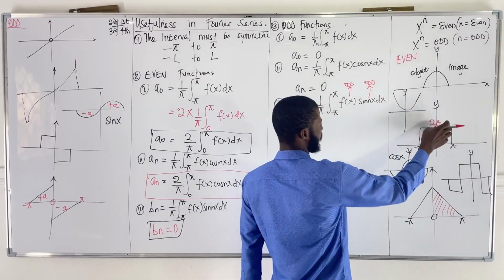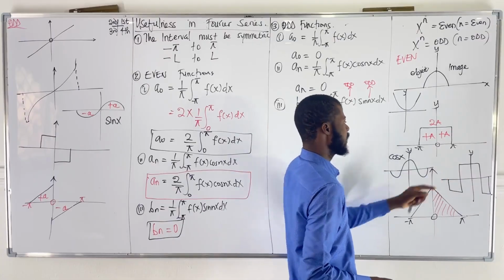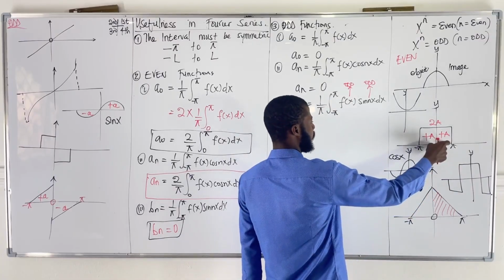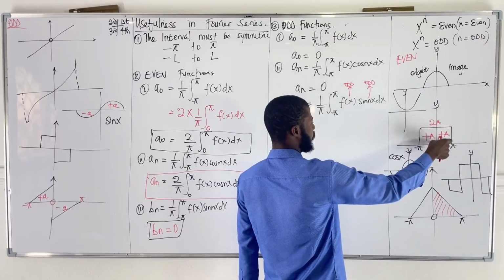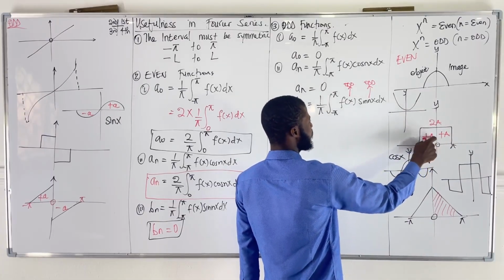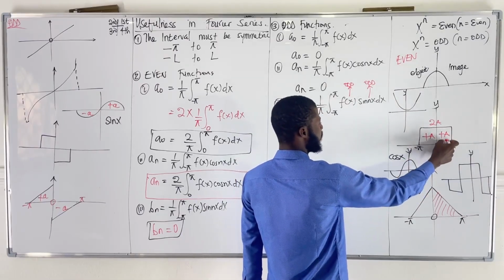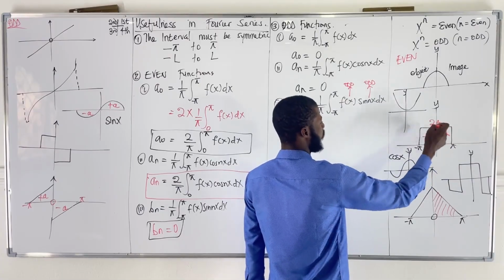But let me just use this one, please, because you guys might be confused with this, and I will explain when it gets to this. This side is positive, this side is going to be negative. But dealing with only this one, since it's an even function, if you find one part of it, 0 to pi, you get a. To get the full area, you have to double.